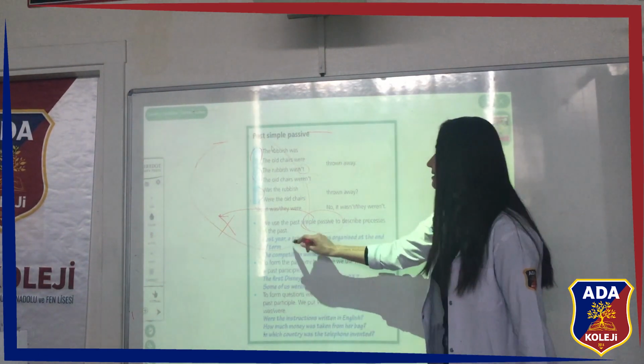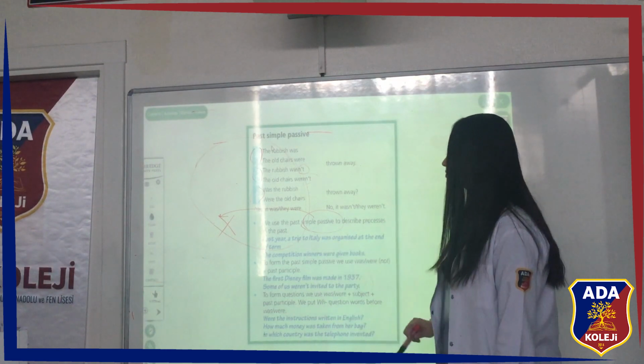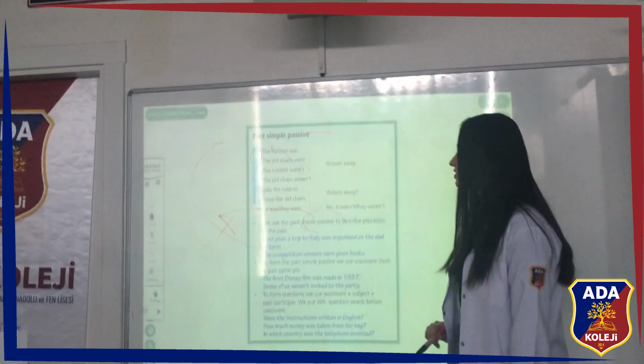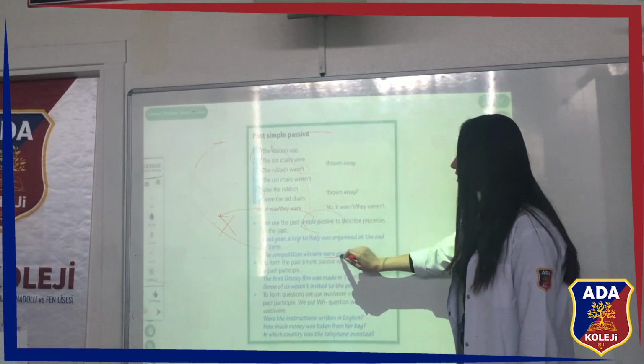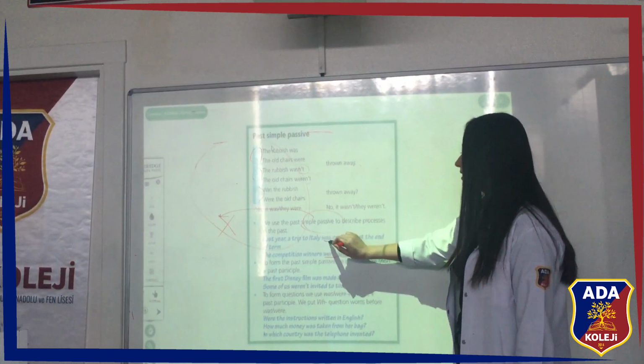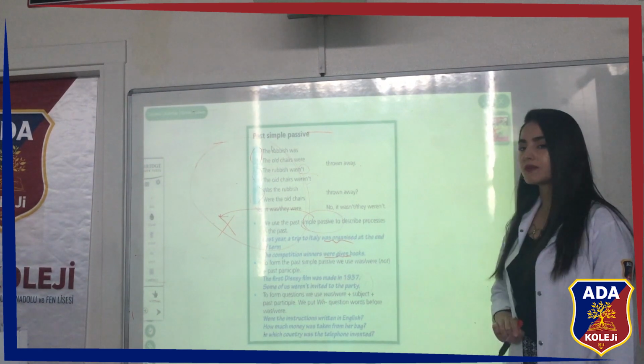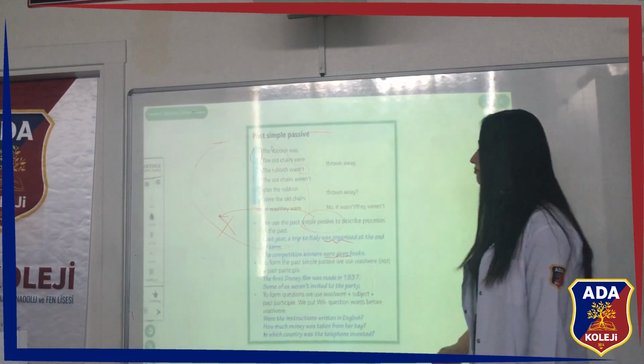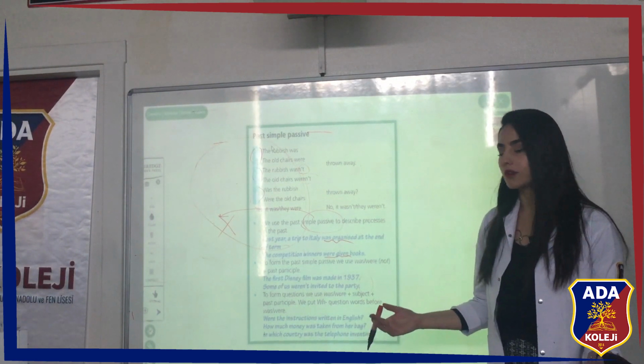Okay? Last year, a trip to Italy was organized at the end of the term. The competition winners were given books. It's very important, this part. We have the object here, but we don't know who made it. Okay?